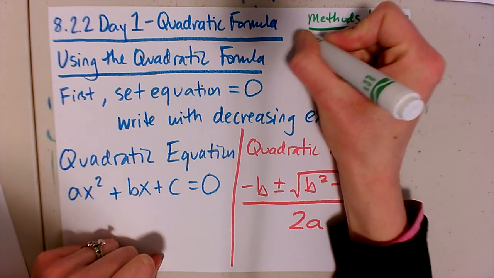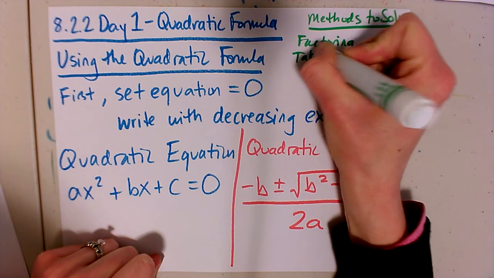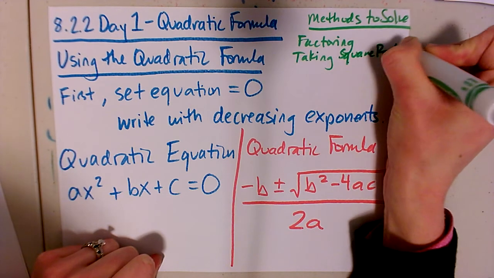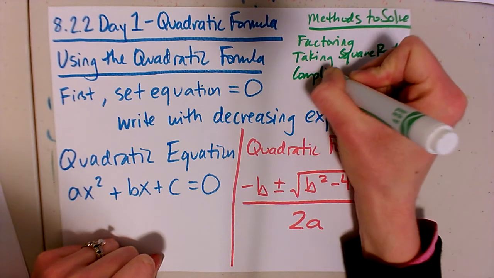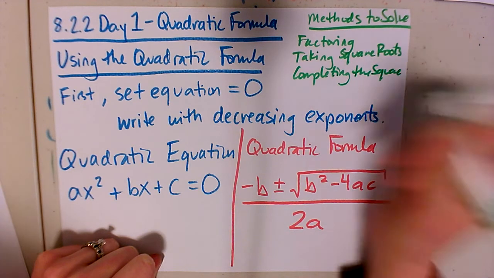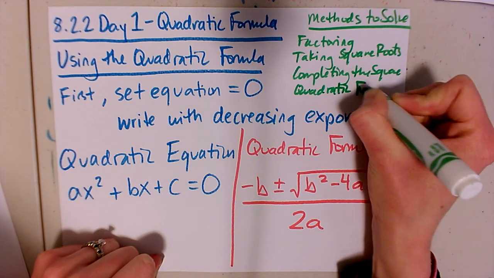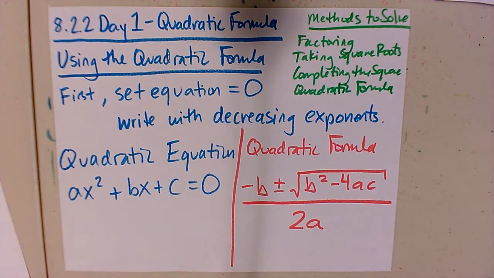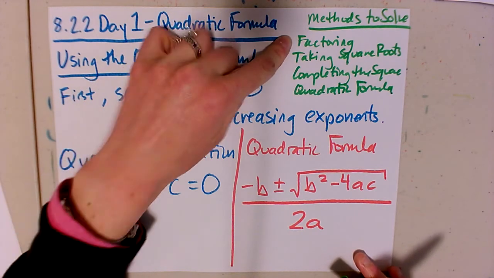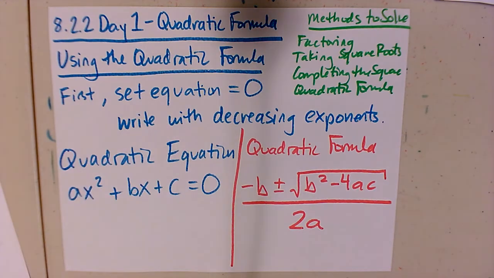The methods to solve: we've done factoring, we've done taking square roots, we've done completing the square, and now we're doing the quadratic formula. So these are the 4 different ways that you could solve a quadratic equation.